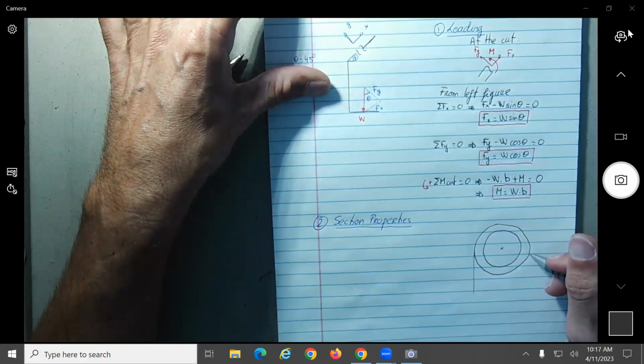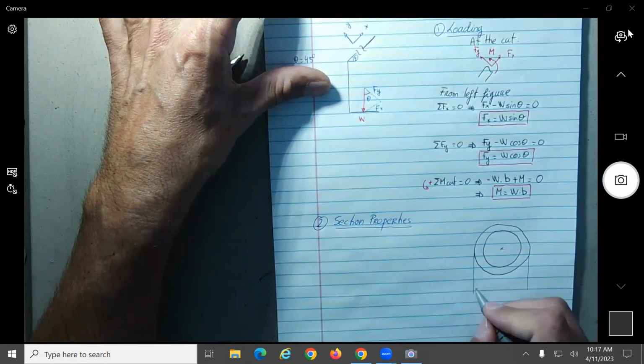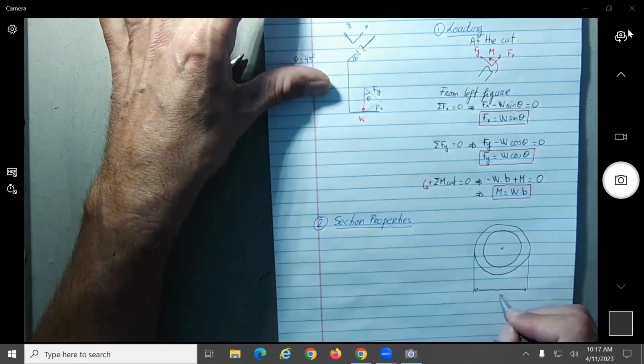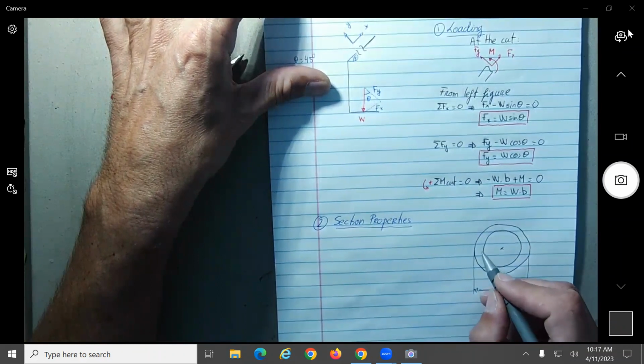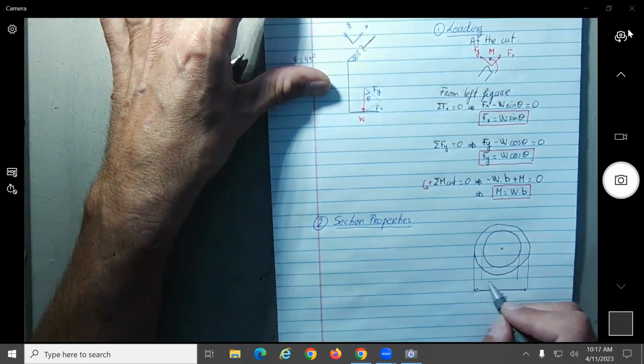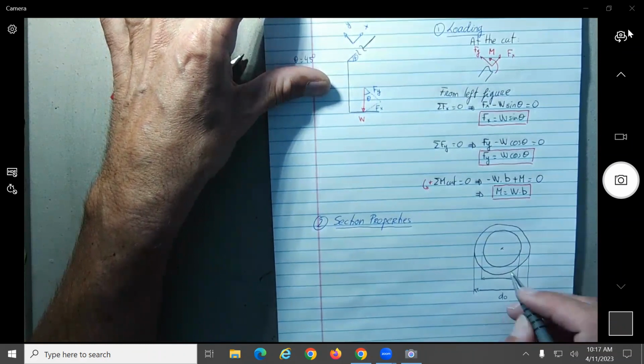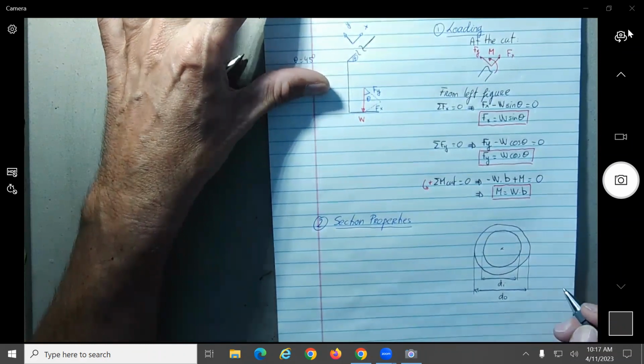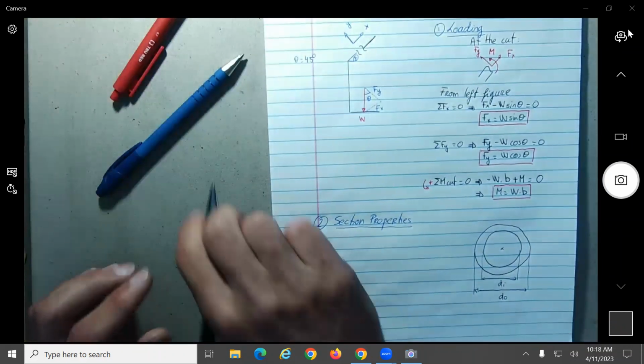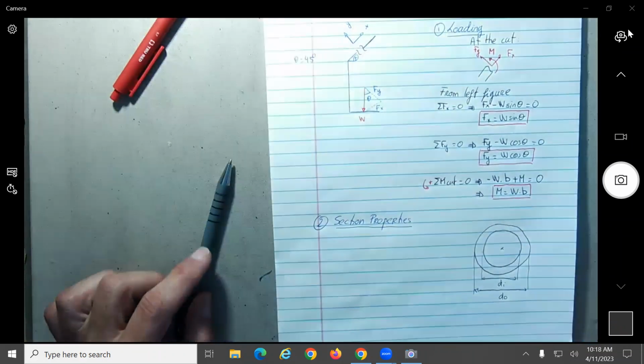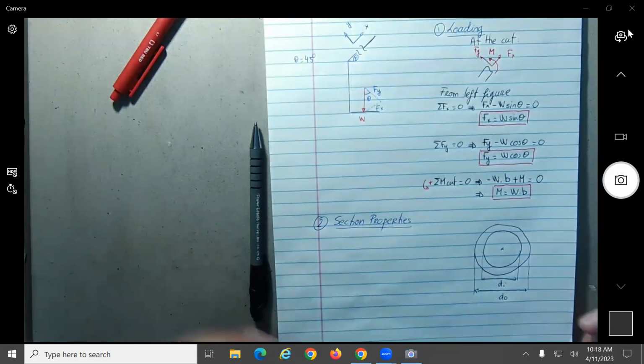Where we have the D outside and the D inside. So maybe here it's important to put what will be our coordinate system. So on the cut, what are we going to have?